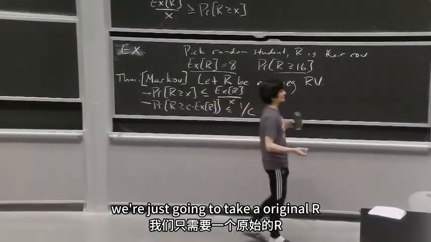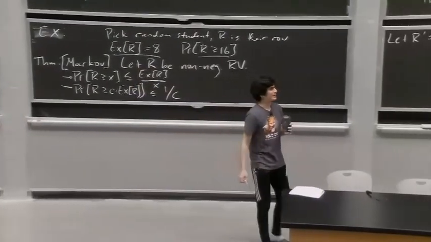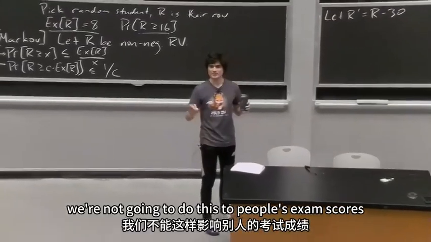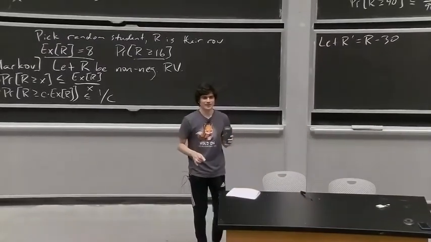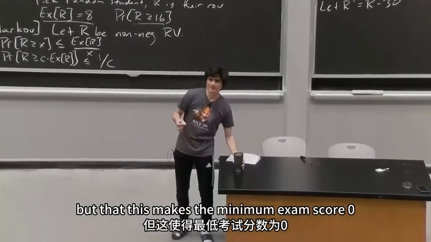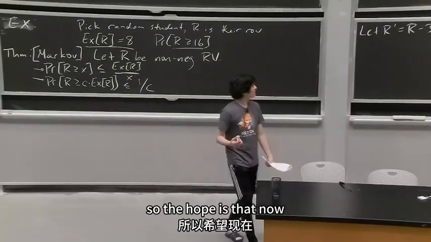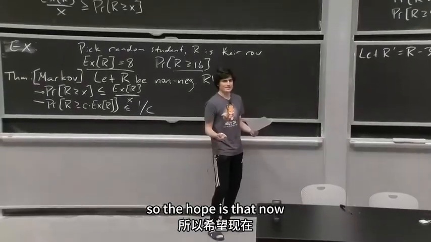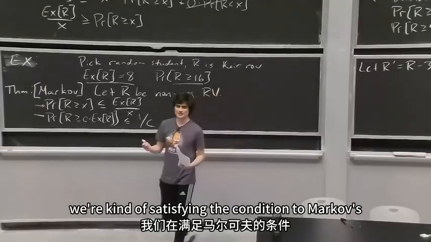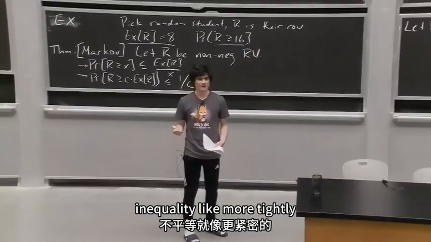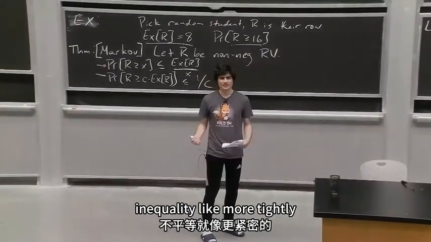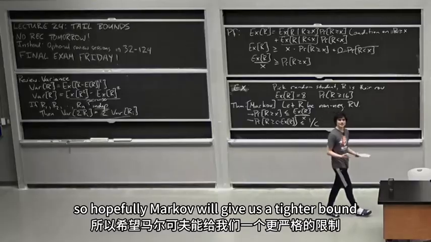We're just going to take our original R and subtract 30. We're not going to do this to people's exam scores in reality, don't worry. But this makes the minimum exam score 0. So the hope is that now we're satisfying the condition of Markov's inequality more tightly, so hopefully Markov will give us a tighter bound.